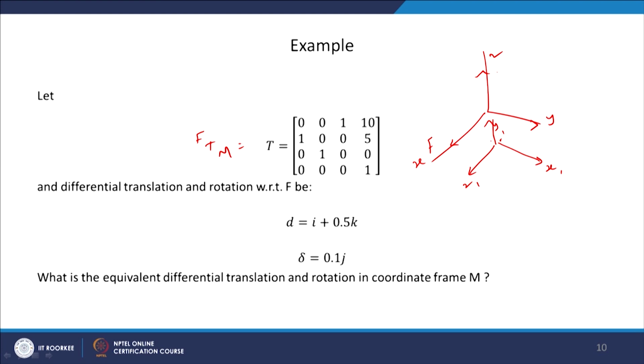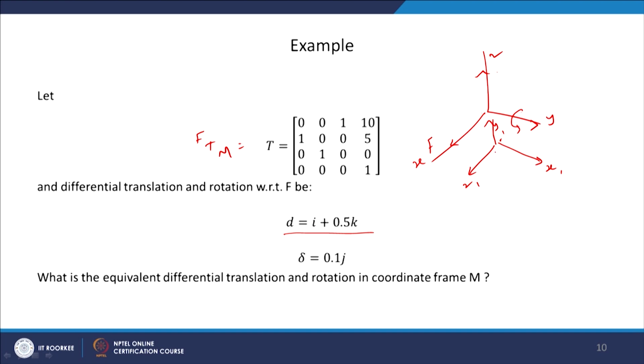Now, in this frame, if you are giving a small translational velocity along the x and z direction of the fixed frame, that is 1 unit along the x axis of the fixed frame and 0.5 unit along the z axis of the fixed frame, and then we are also rotating 0.1 radians about the j axis of the fixed frame, that is we are rotating it like this.